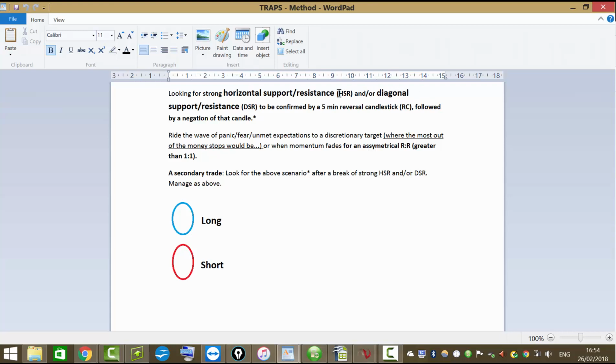Usually the algos will, from what I know, use the horizontal support and resistances to keep it simple, and diagonal support resistances are always open to discretion because of the way you can fit the trend line, whereas it's easier mathematically to calculate horizontal than diagonal. So anyway, I digress. HSR for horizontal support resistance and DSR for diagonal support resistance.